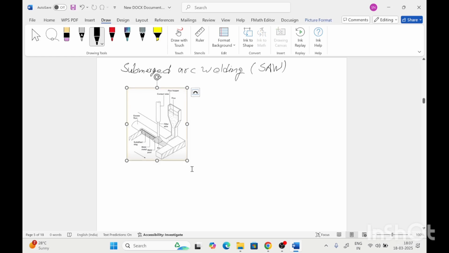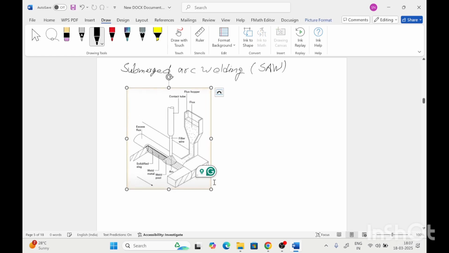According to this diagram, we can see the contact tube providing the filler wire, and with that a flux hopper is provided to feed the flux around the arc. This flux helps protect the arc from the environment and reduces heat losses.